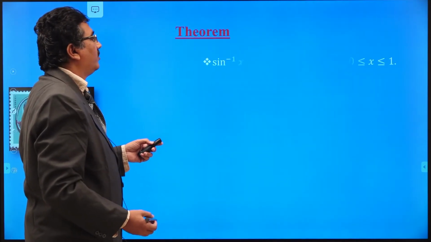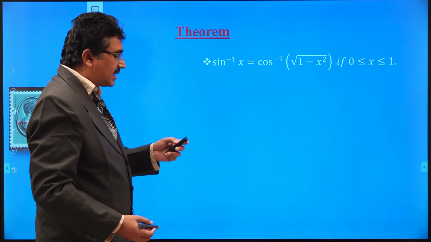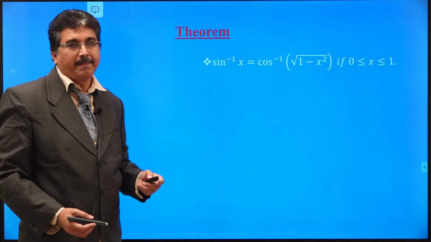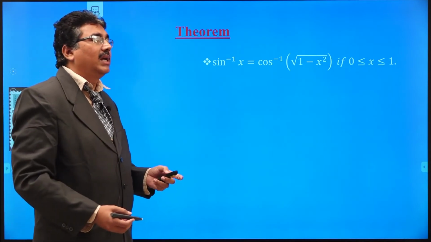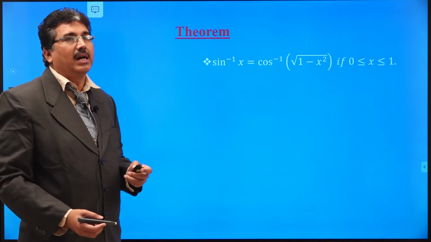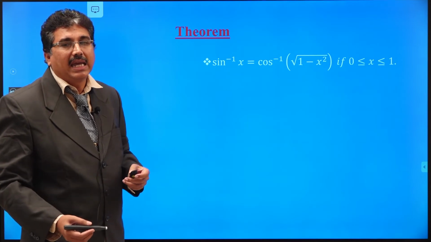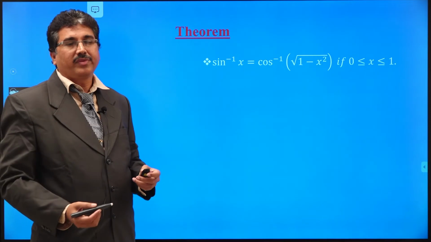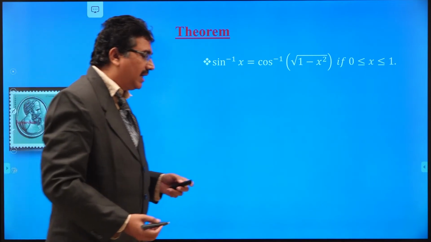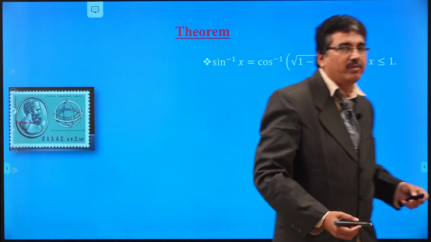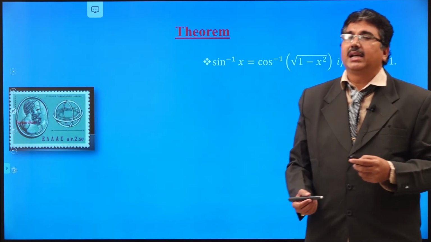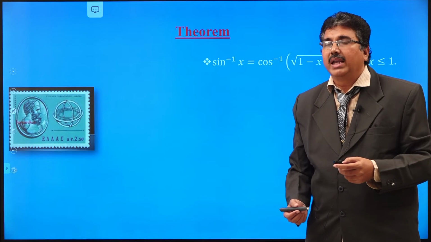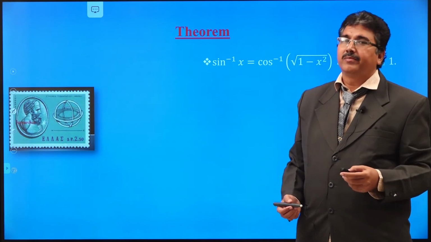Now, what is sin inverse x in terms of cos inverse? Recall what the sin theta value is in terms of cos theta. Sin theta is equal to square root of 1 minus cos square theta.